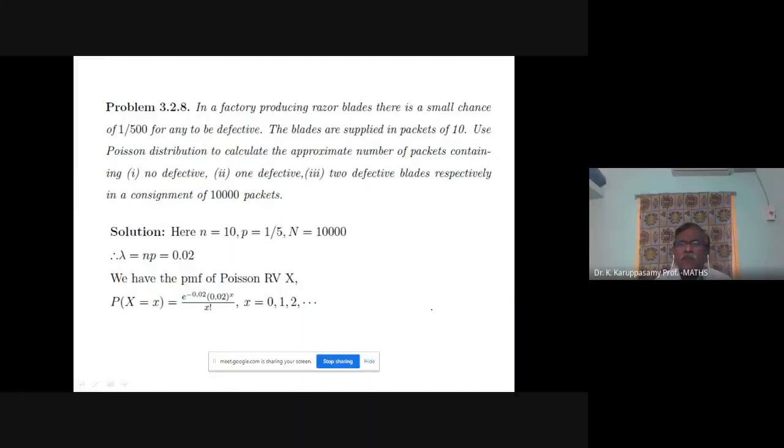The plates are supplied in packets of 10. So each packet will have 10 plates. So my n value is 10. Use Poisson distribution to calculate the approximate number of packets containing no defective, 1 defective, 2 defective plates, respectively, in a consignment of 10,000 packets.